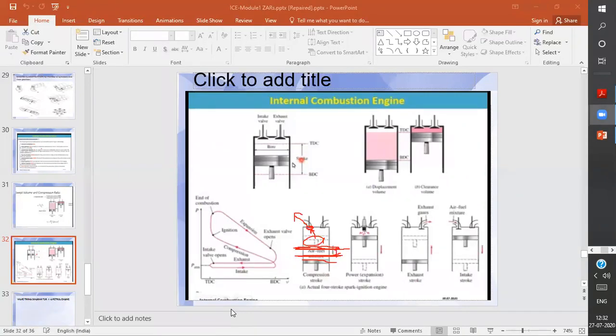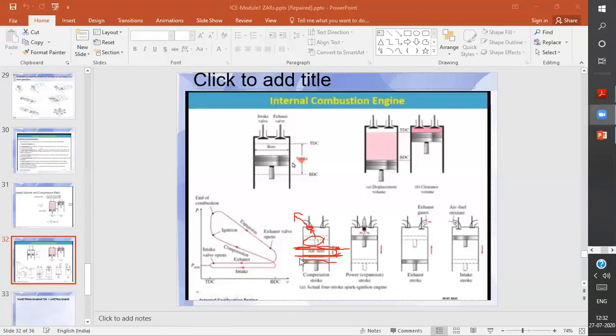But here we are trying to use the kinetic energy of the air fuel mixture to get more efficiency. So though the strokes are completed in 180 degrees of crankshaft rotation, we are keeping the inlet valve open for more degrees of crankshaft rotation.